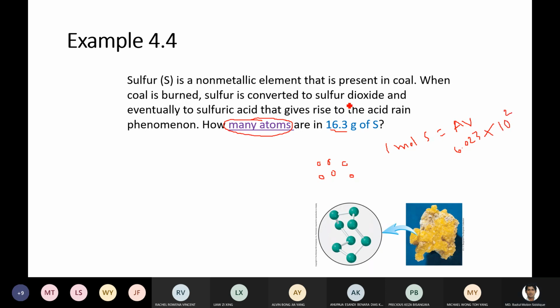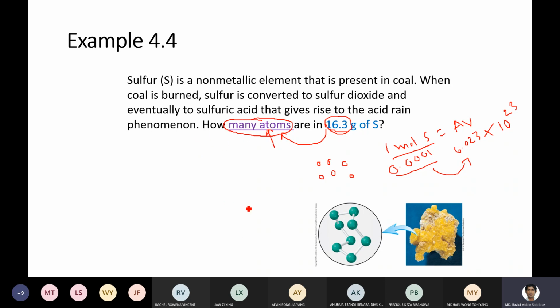So from here we understand that since it is asking for the number of atoms, we cannot go directly from grams to atoms. We have to go via the number of moles. If we have any number of moles, like 0.2 or 0.0001 mole of sulfur, we can find the number of atoms, but from grams we cannot. So we have to go via the number of moles.